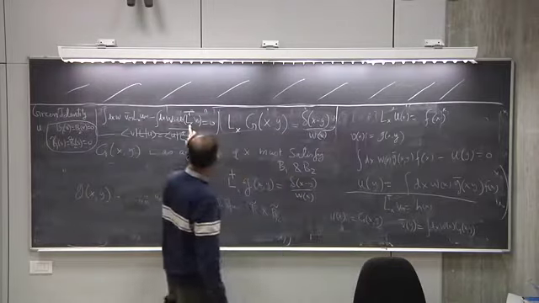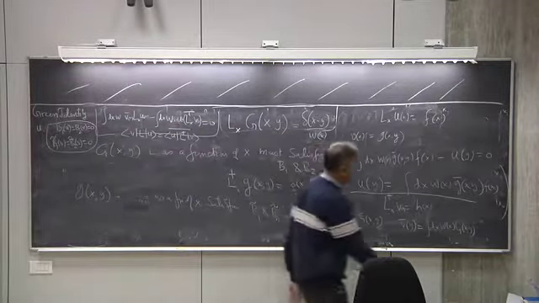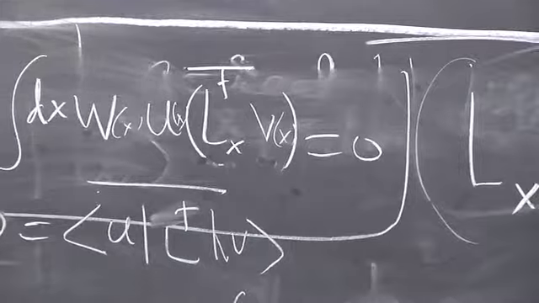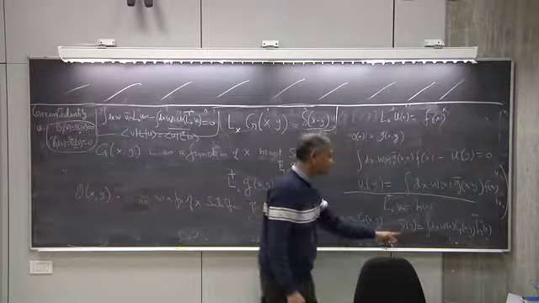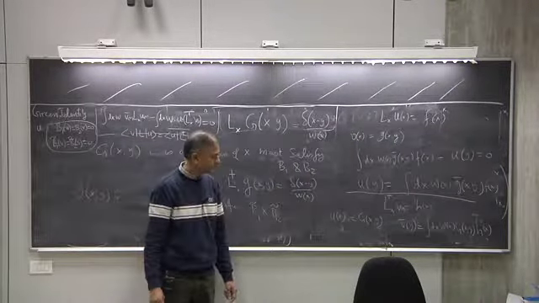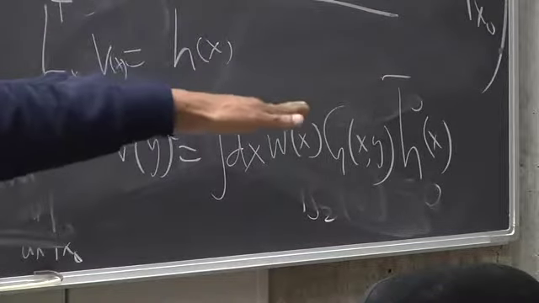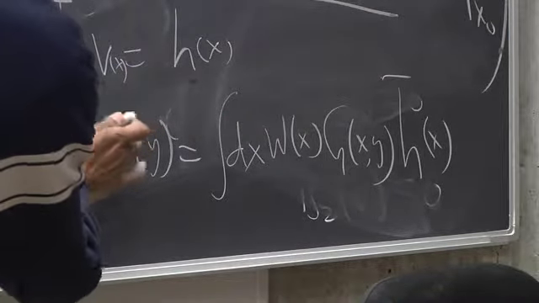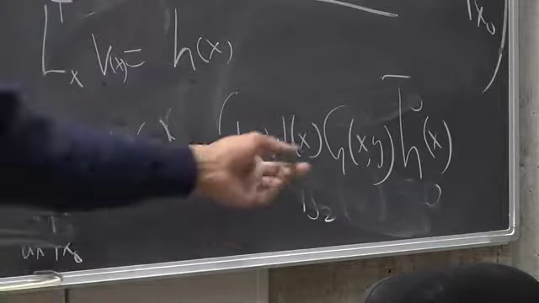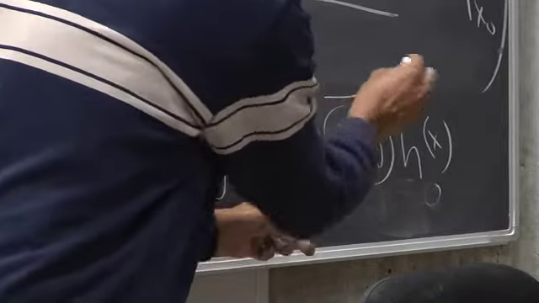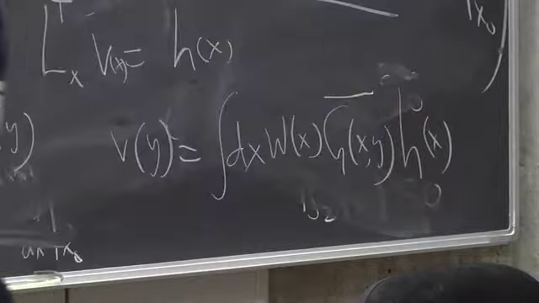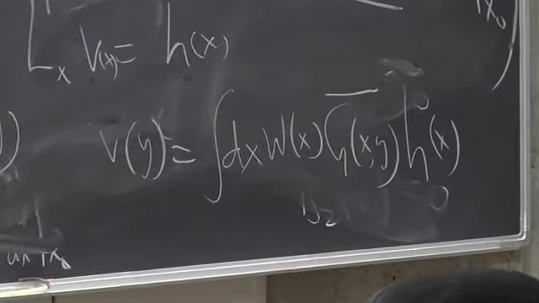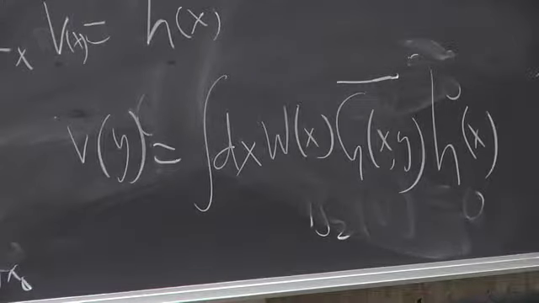So I substitute that back here, so you get here h bar of x. So this is an equation for the V. If you want, you can just take the complex conjugate on both sides. So this becomes V here. W is real, but there's a G bar, and the H complex just becomes H. So that gives you the solution for the adjoint differential equation.